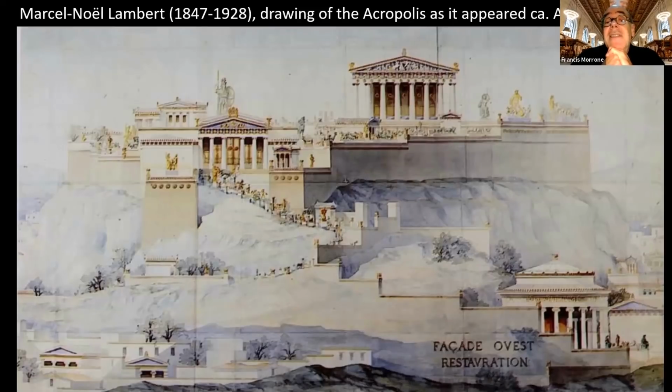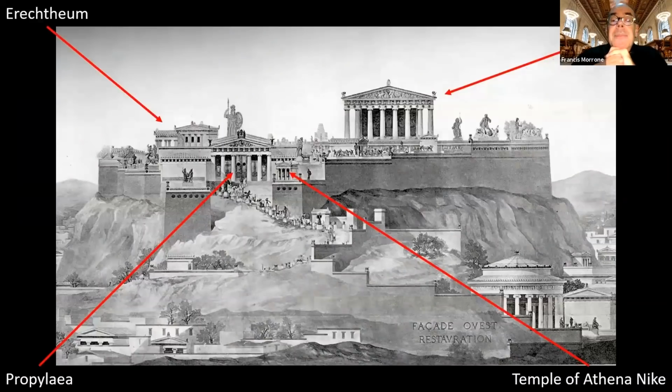This was from 1877. Lambert was an instructor at the École des Beaux-Arts in Paris and a Prix de Rome winner. And here, based on the Leo von Klenze painting, we see the locations of the Propylaea, the Erechtheum, and the Parthenon.